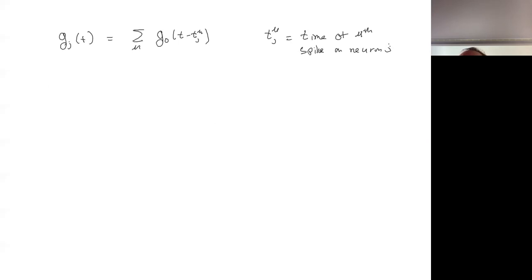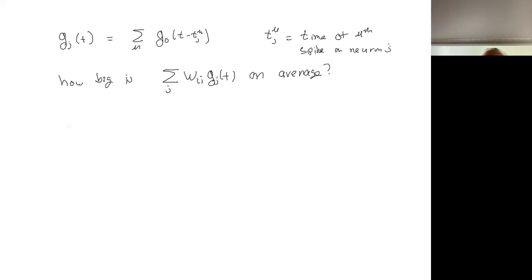Okay, so we can now ask how big is the sum on j of Wij Gj of t on average? And that's easy.